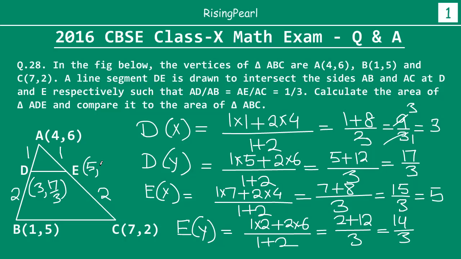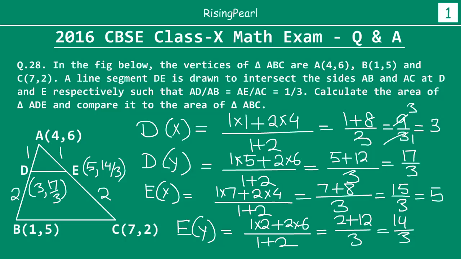Interesting, we get another fraction. So D is 3 comma 17 by 3, and E is 5 comma 14 by 3, right?